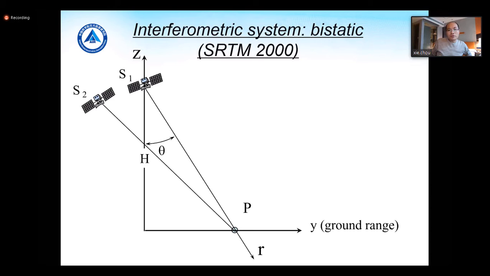This kind of InSAR system was used on SRTM 2000, and at the same time, the TerraSAR system also supplies a bistatic system to get the global elevation.